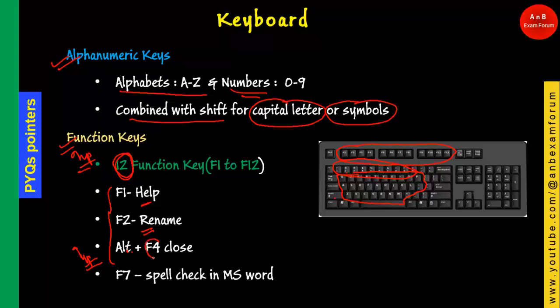If you combine the Alt and F4 keys, the application will be closed. Again, a very important one is spell check in MS Word, that is F7. These are the few function keys I have told you in this slide, and these are very important ones. Just remember them for the sake of the exam.